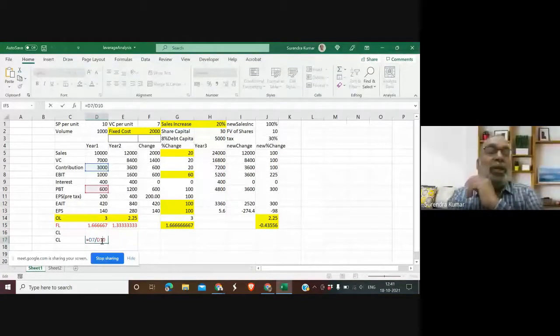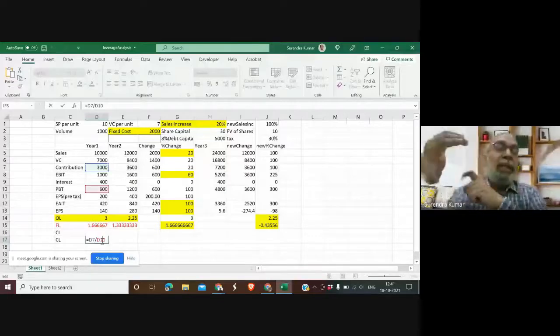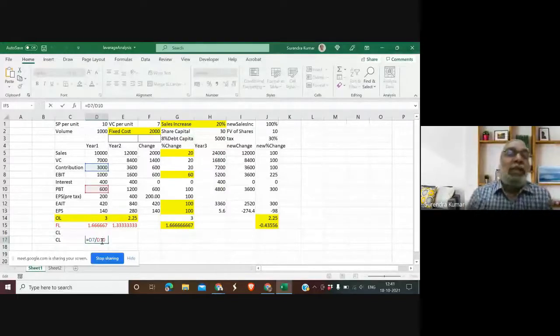This is how I have calculated directly. But this direct calculation is, we generally say, inappropriate. Why do we say it is inappropriate?